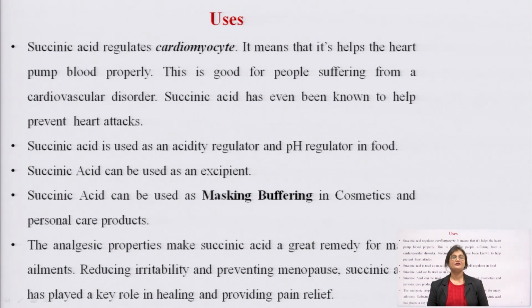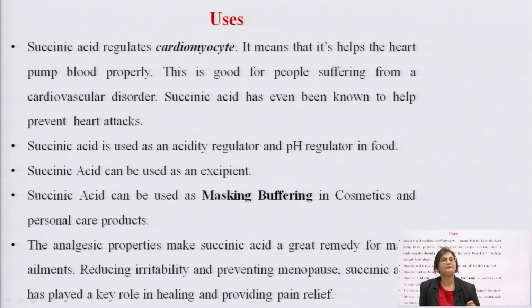Now, moving on to the uses of succinic acid. Succinic acid acts as a cardiomyocyte regulator. It means that it helps the heart pump the blood in a proper manner.